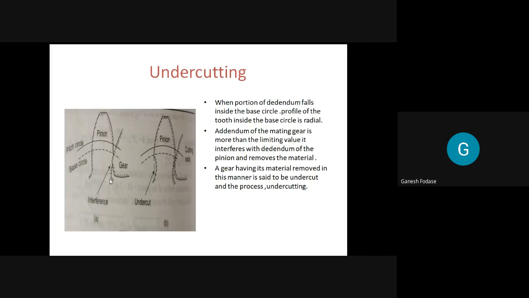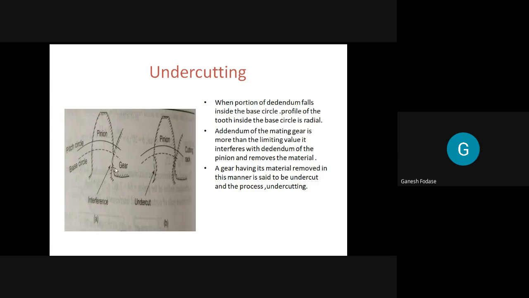and the process is called undercutting. You can simply say, see here, there will be interference whenever an involute profile meshes with a non-involute profile. The portion below the base circle is the non-involute profile, and above the base circle is the involute profile. So the non-involute profile of the pinion meshes with the involute profile of the gear, and there will be interference.